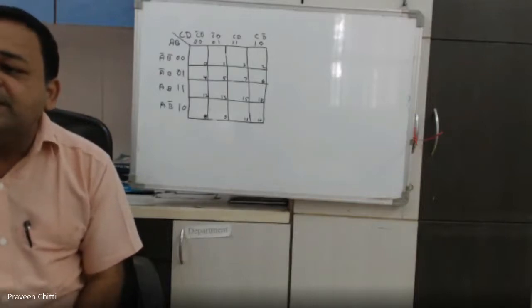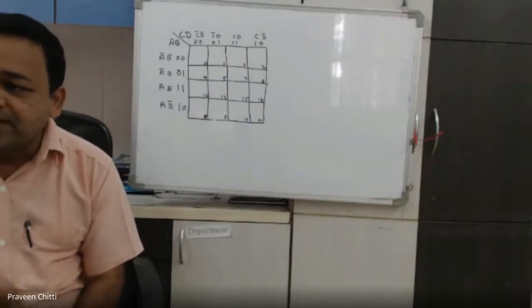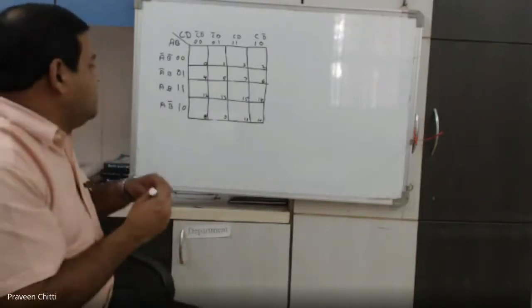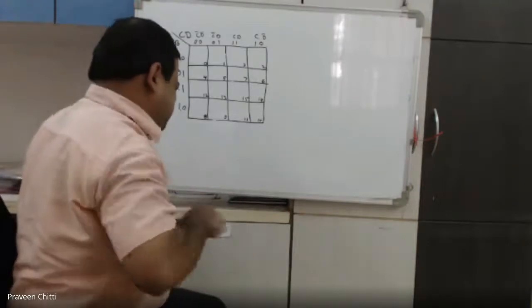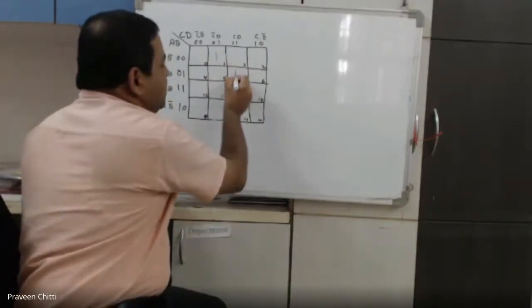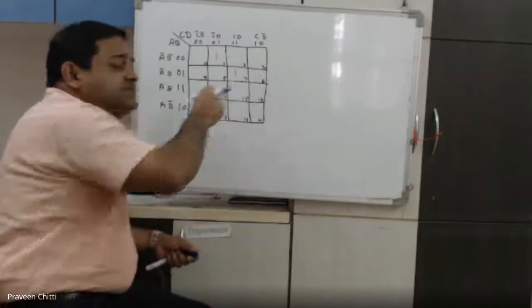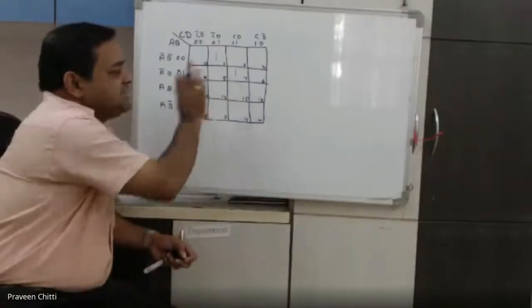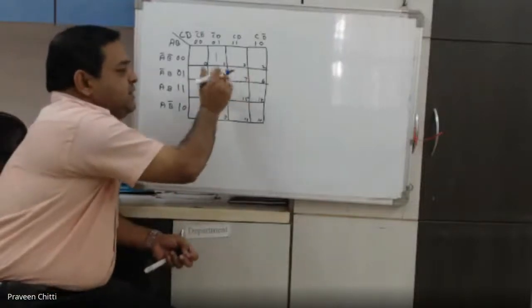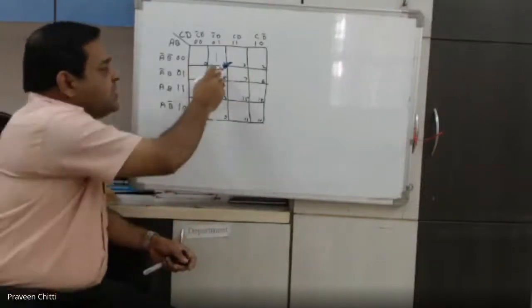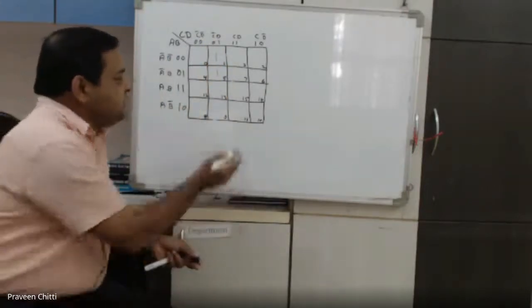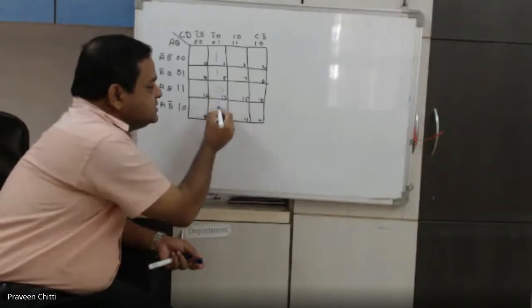But we should never form a group in the diagonal direction. Suppose I have one here and one here, can I form a pair like this? Is it possible? No, sir. Only in the horizontal or vertical direction can you form it. If it is like this, you can't form a pair. But if it is like this, I can combine these two adjacent ones and form one pair. Similarly, suppose it is like this.